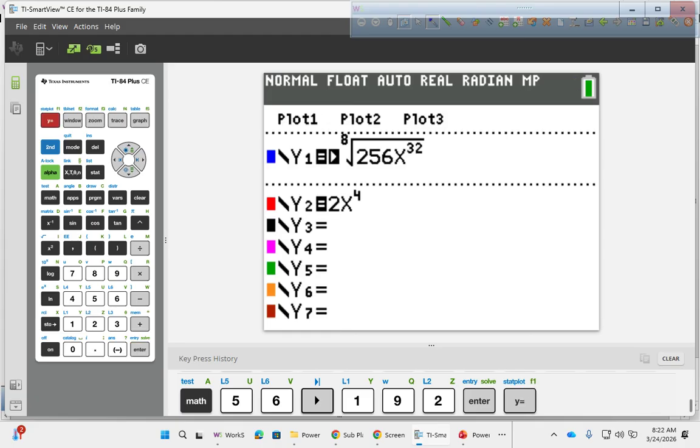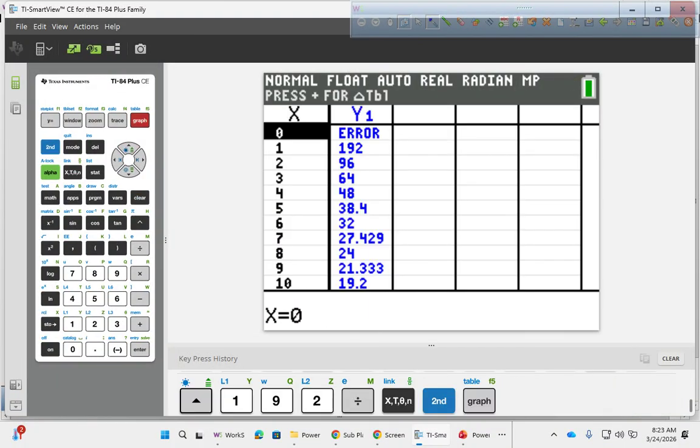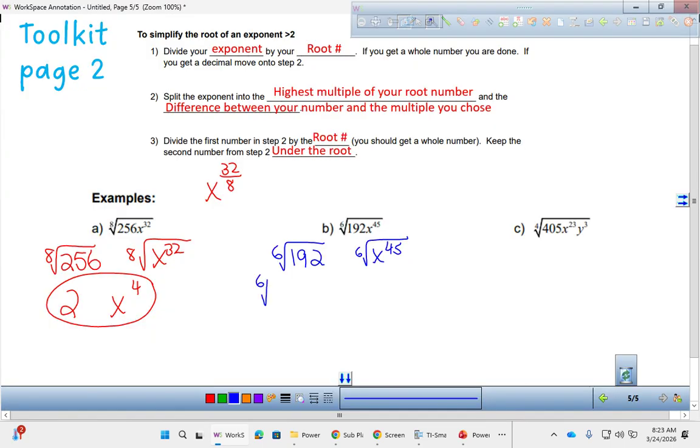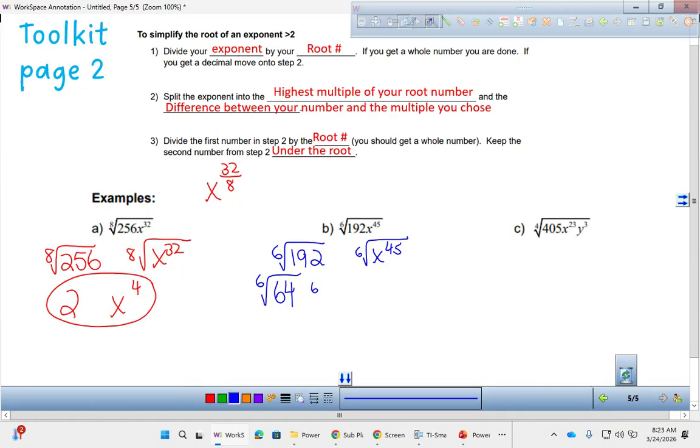Y equals 192 divided by x. Now I'm looking for a perfect 6. 64 is showing up for me, right? So 64 and 3. Perfect 6 because this is a 6th root. So it's 64 and then next to it is a 3.